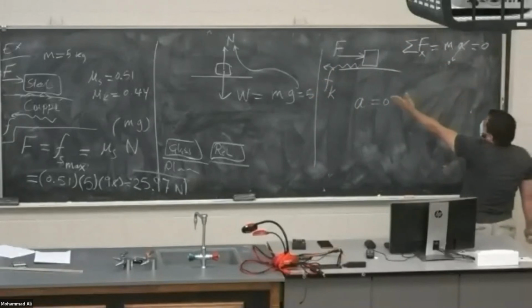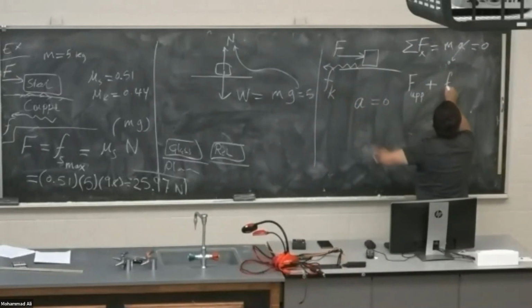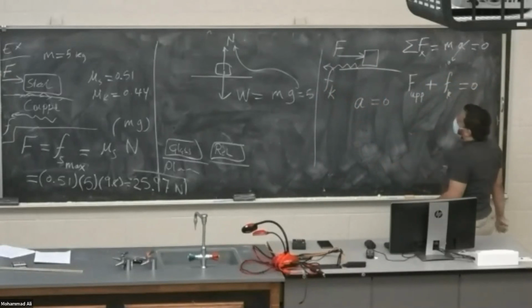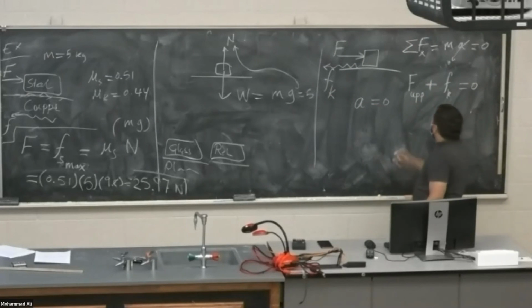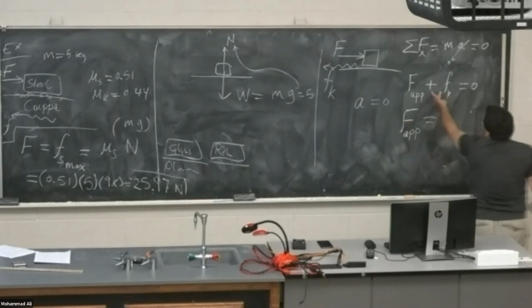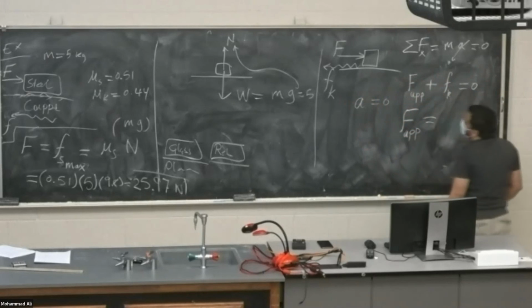What are the forces? I have F applied plus the frictional force, which should be equal to 0. What is the applied force? I need to find it. It should be equal to the opposite of the frictional force, which is to the left. What is that equal to?